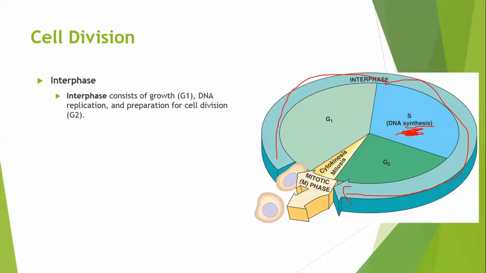Okay? So at the end of mitosis, which is telophase, they start to pinch off, but they're not completely 2 different cells yet. Cytokinesis is where they become 2 new daughter cells.